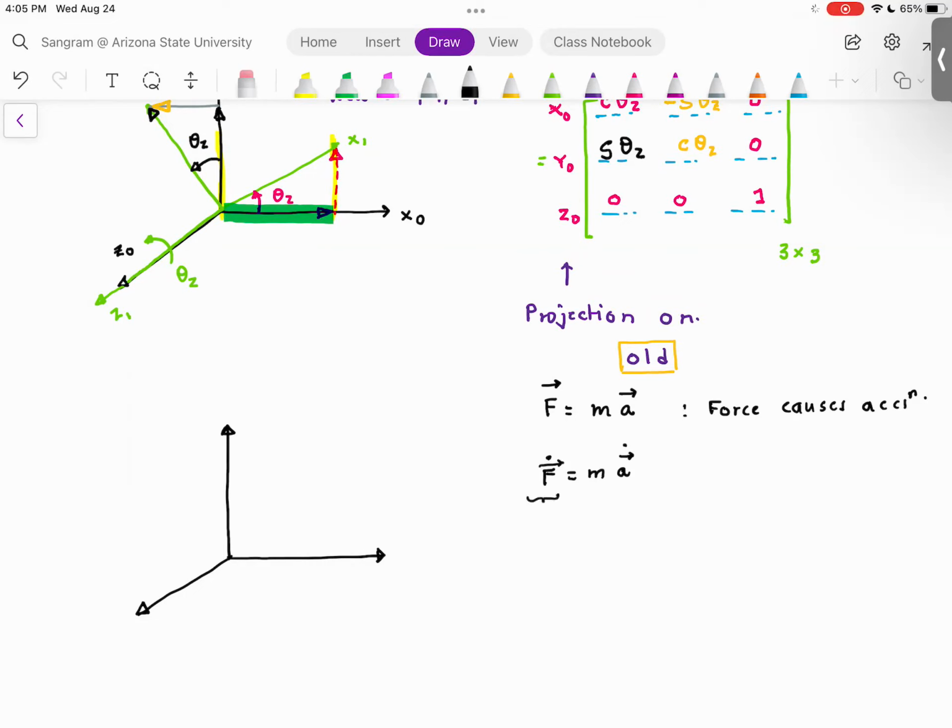So what is the derivative of force? Impact. What is the derivative of acceleration? Remember this. Sometimes in life, force may not be sufficient and you have to be a jerk.